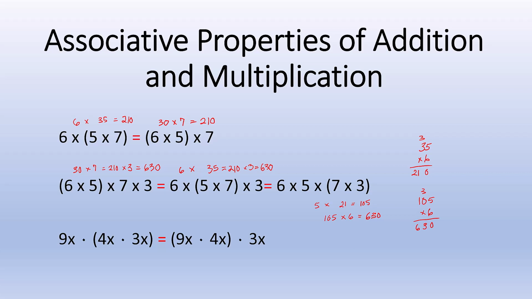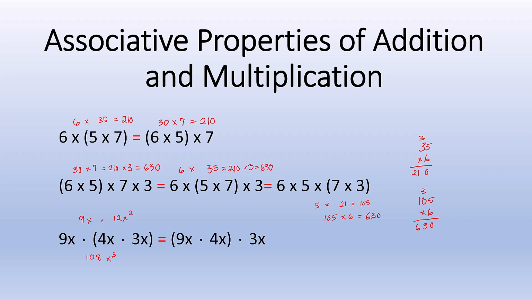All right, let's throw in some variables and see what happens. Here, 4x times 3x will give me 12x squared. 9x times 12x will give me 108x to the third power.